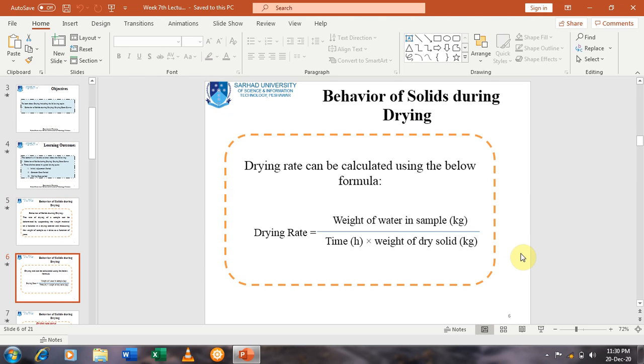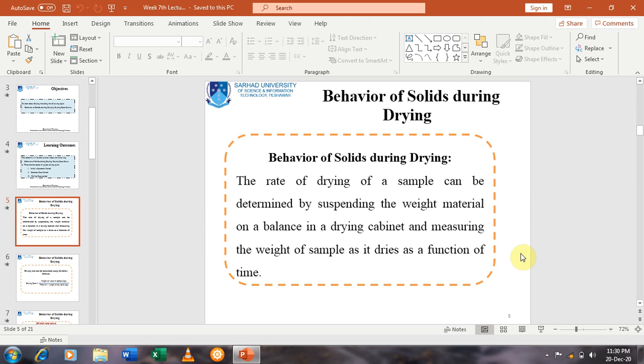In this particular lecture, first of all, we have derived an equation, a formula for the determination of the drying rate. That's how we have to calculate the drying rate. For this purpose, we have to take a sample and suspend the wetted material on a weighing balance from a drying cabinet, and then measure the weight of the sample after drying as a function of time.